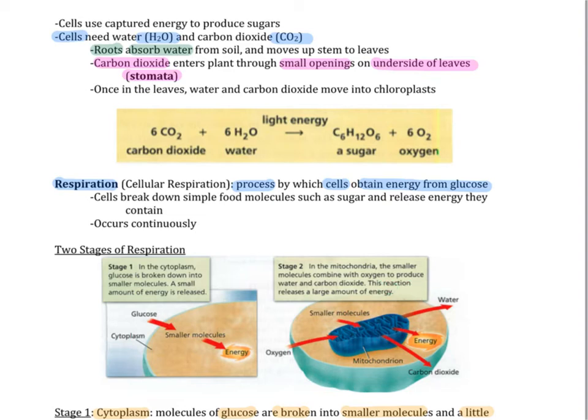This reaction releases a large amount of energy. So the mitochondria is responsible for breaking that down and then creates water and carbon dioxide. This is one of the reasons why when we breathe out, we're breathing out both water vapor and carbon dioxide.